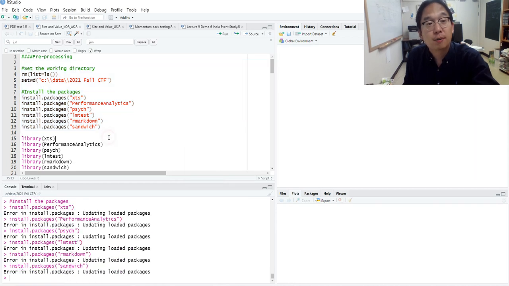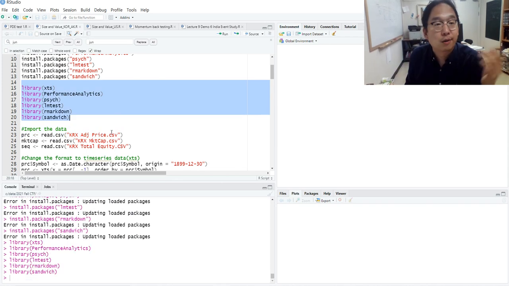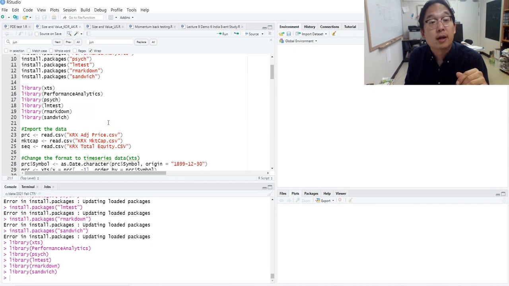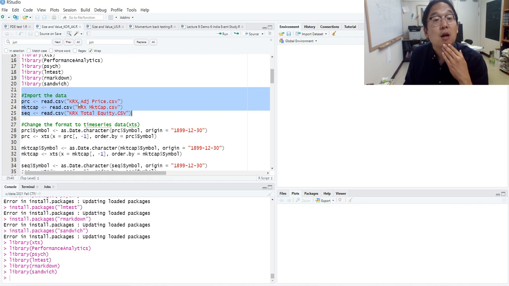And then clean up. And then over here, I just want to make sure I check with the library, and then the packages are ready to use. And then I just use 3 data sets over here.